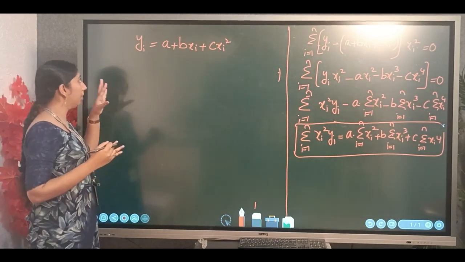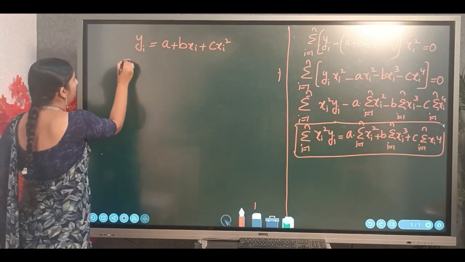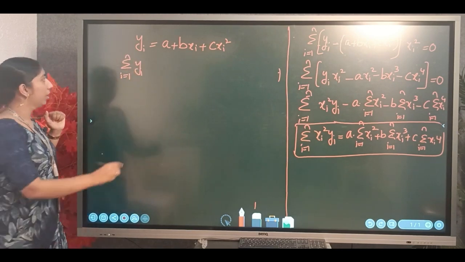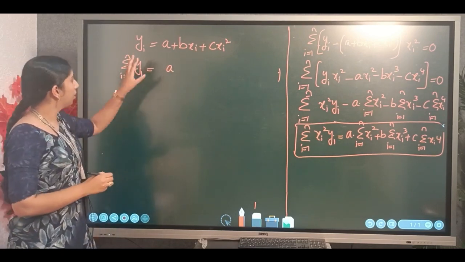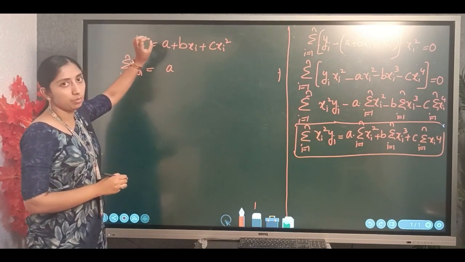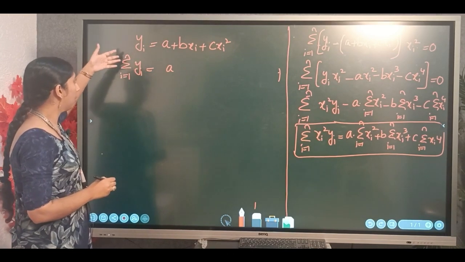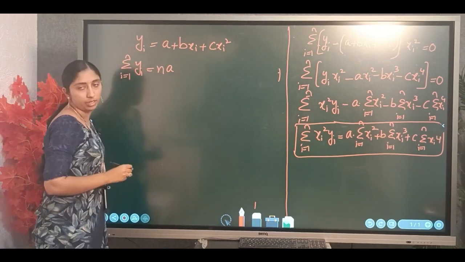But how we have to remember is, just simply apply summation on both sides, summation i = 1 to n. Here a is a constant, just place it here. Here a means a into 1. So when we apply summation i = 1 to n for the term 1, simply we get na.